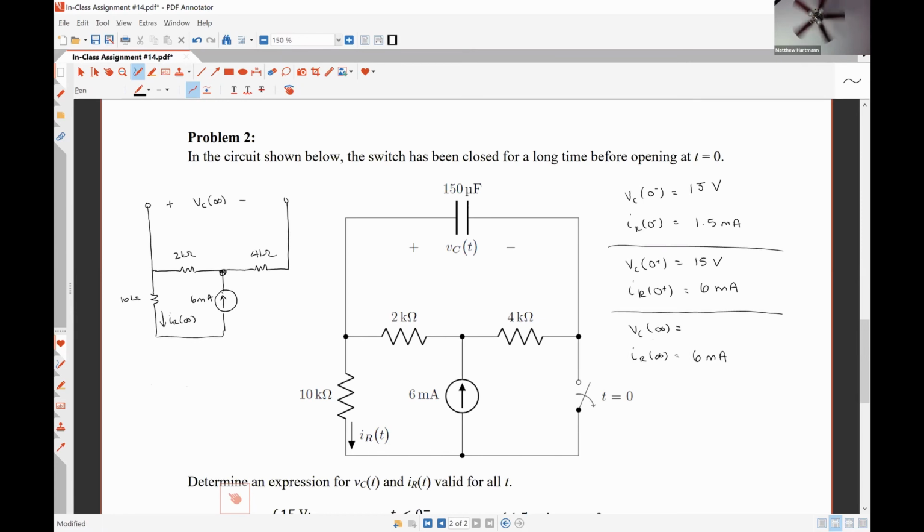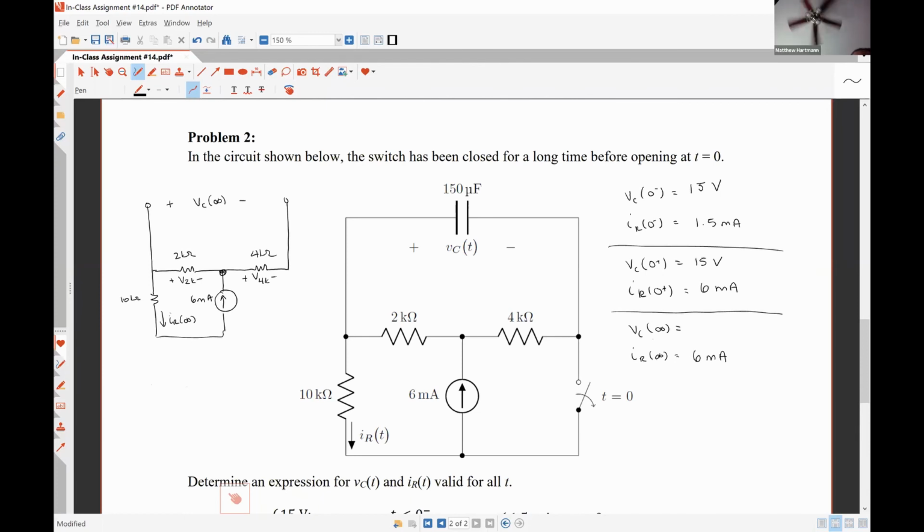Let's start by, how did we do it again at t equals 0 minus? We said that it was this voltage, V2K, plus this voltage, V4K, right? Yes, sir. That relationship does not change.